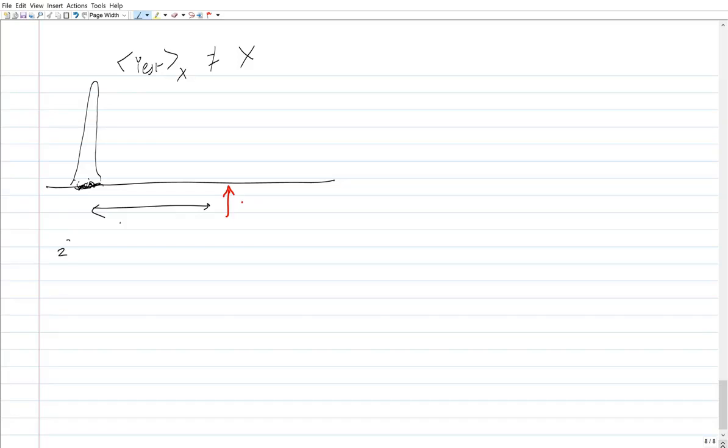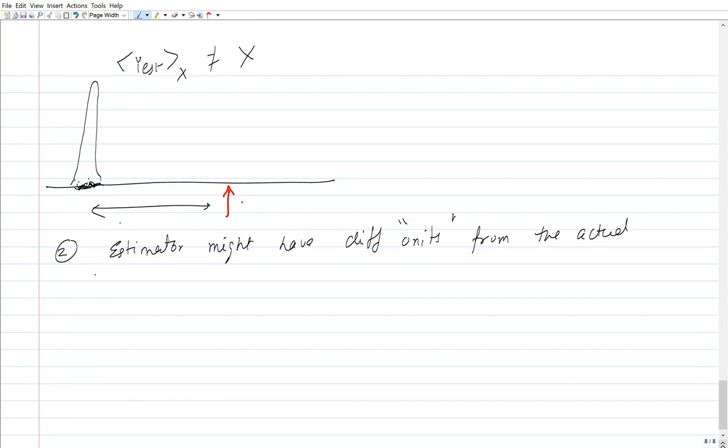The other thing we need to fix is that the estimator might have different units from the actual parameter that one needs to measure.